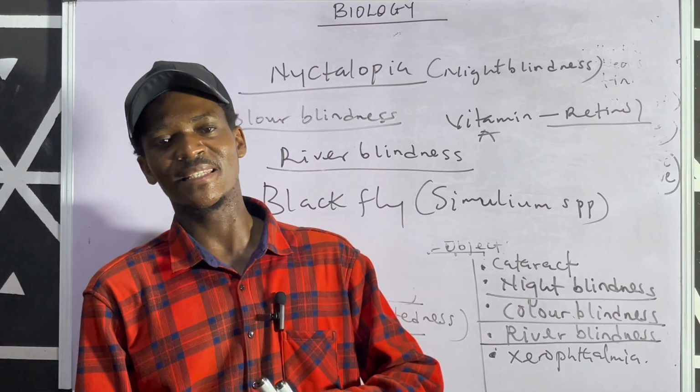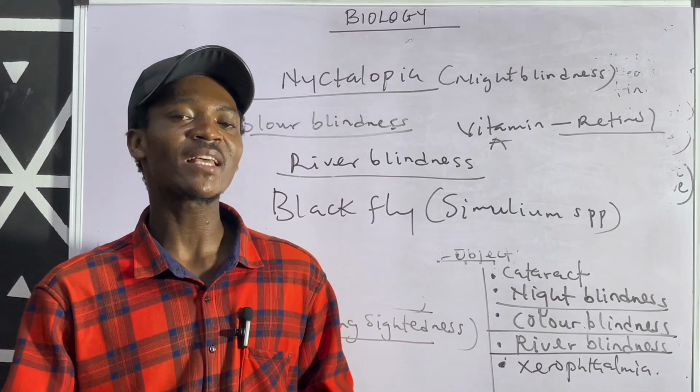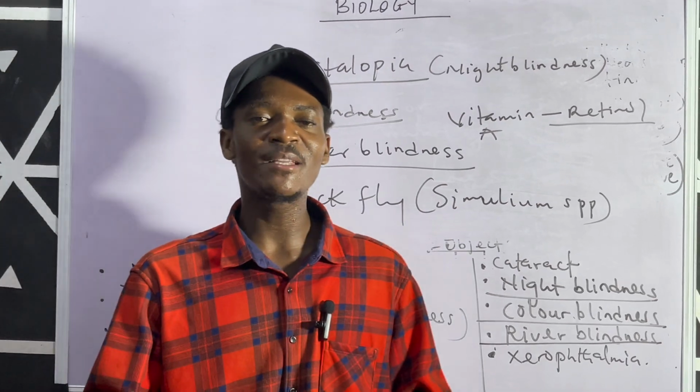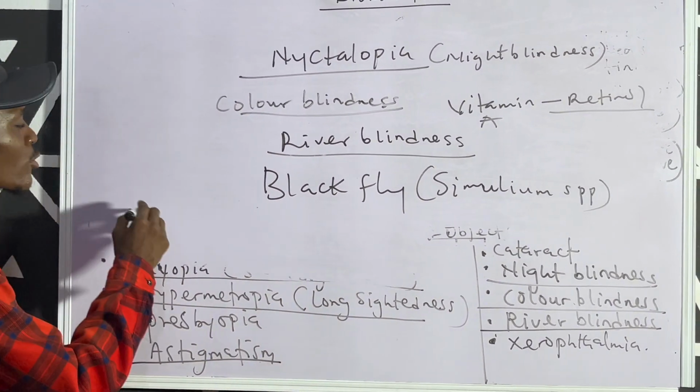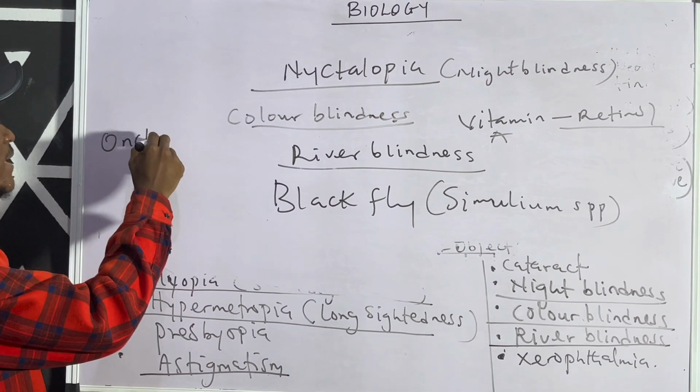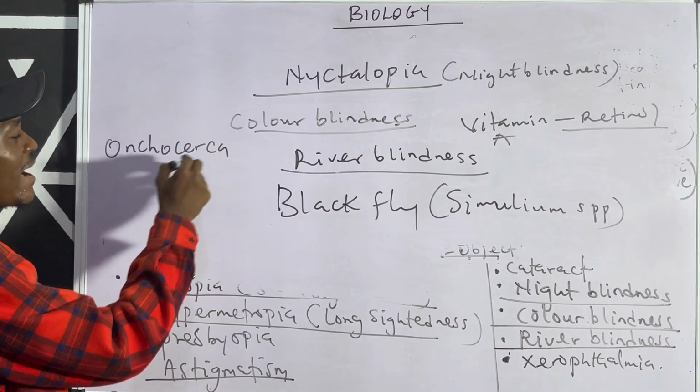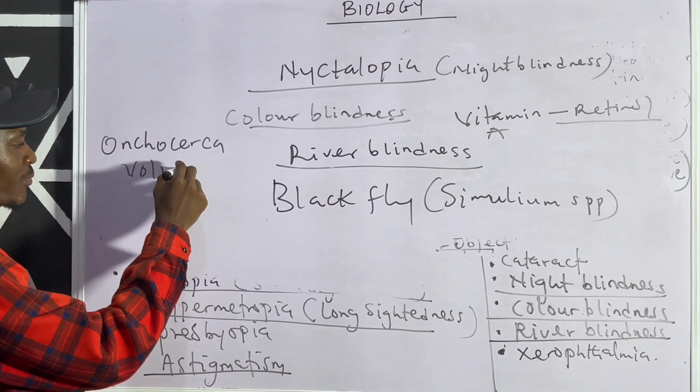So when bitten by the black fly, what happens is this: the black fly will inject that microfilarial worm, which is called Onchocerca volvulus.